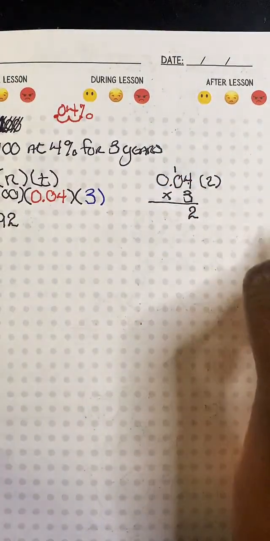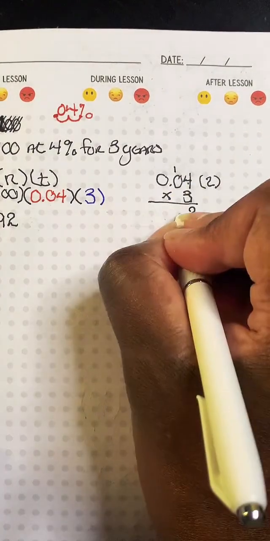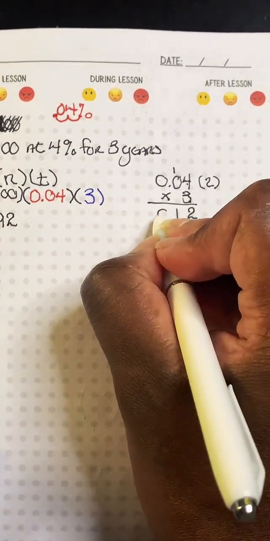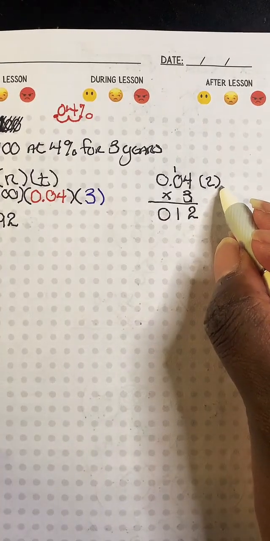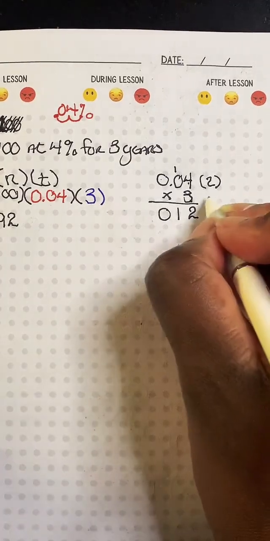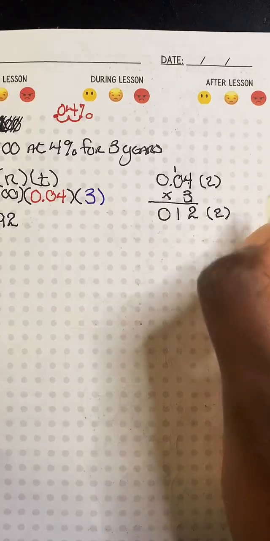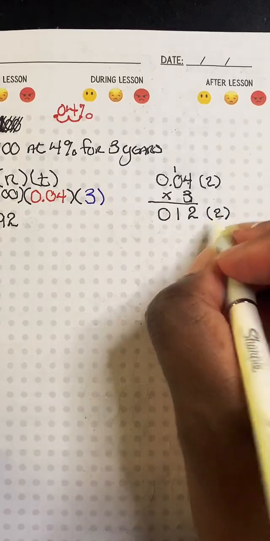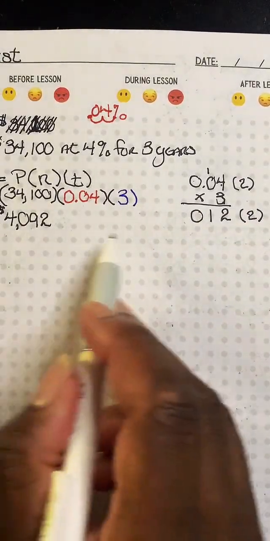Carry the 1. 3 times 0 gives me 0, plus 1 gives me 1. Okay, 3 times 0 gives me 0. So if this has 2 decimal places, and this doesn't have any decimal places, that means my answer should have 2 decimal places, right? So starting here at the end, that's 1, 2. So you have your 0.12.